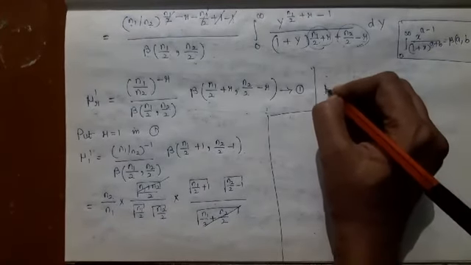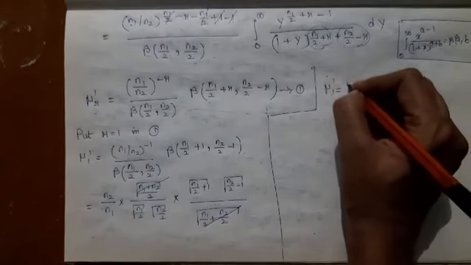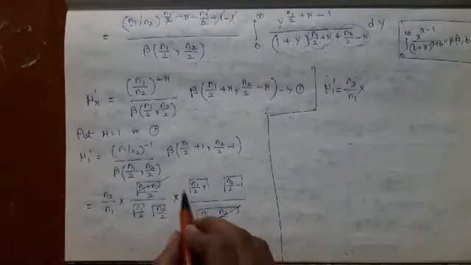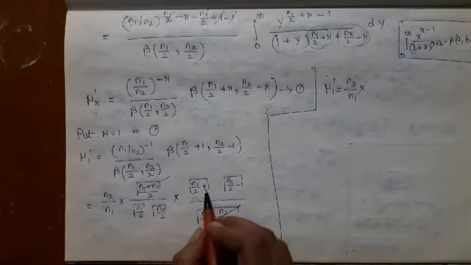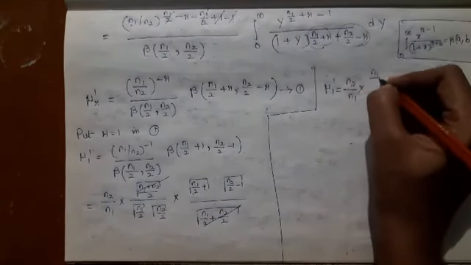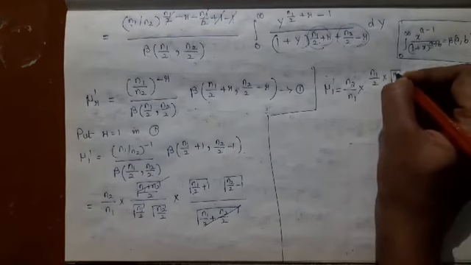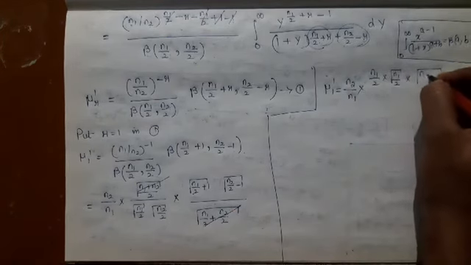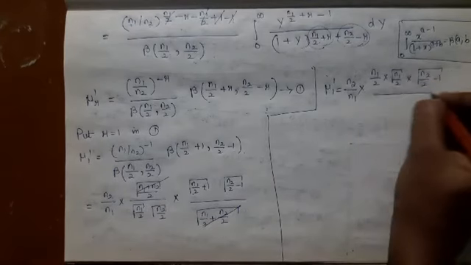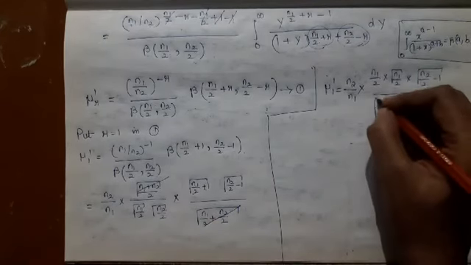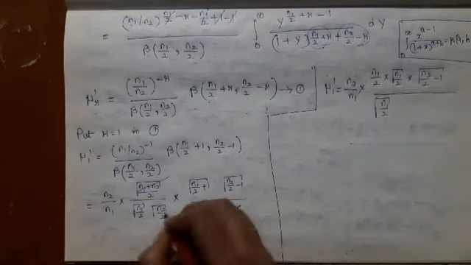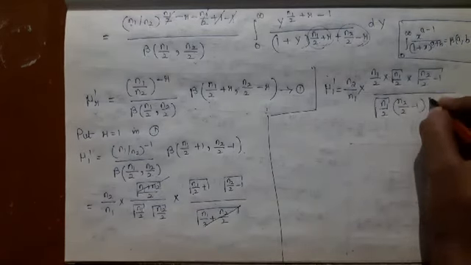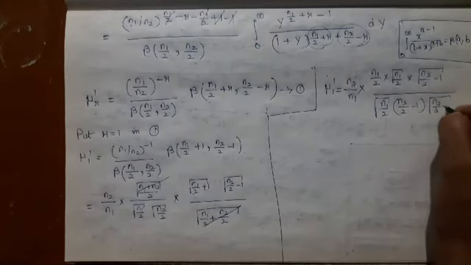So this can be written as μ1' equal to n2/n1 into gamma(n1/2 + 1), which can be written as (n1/2) gamma(n1/2), and gamma(n2/2 - 1) in the numerator; in the denominator you keep this n1/2 as such, and gamma(n2/2) can be written as (n2/2 - 1) gamma(n2/2 - 1).